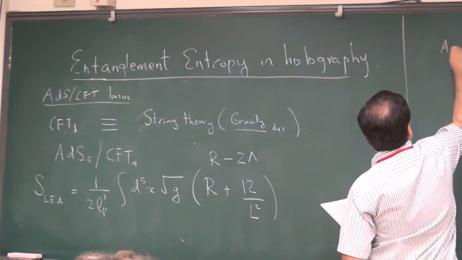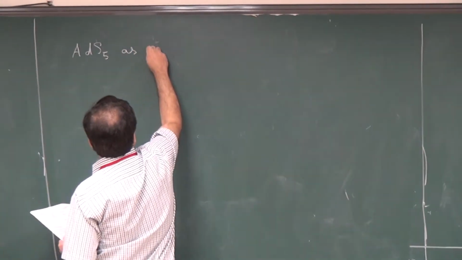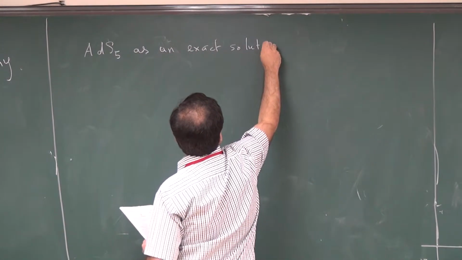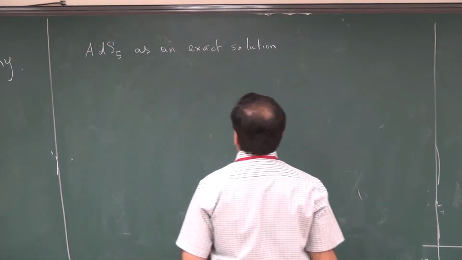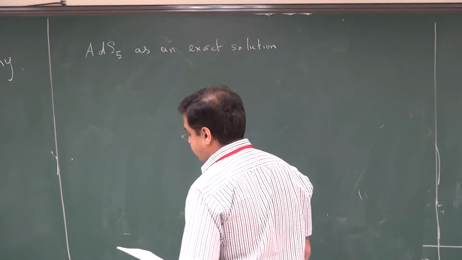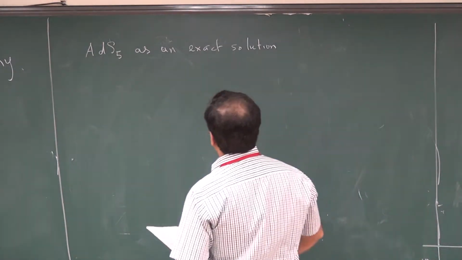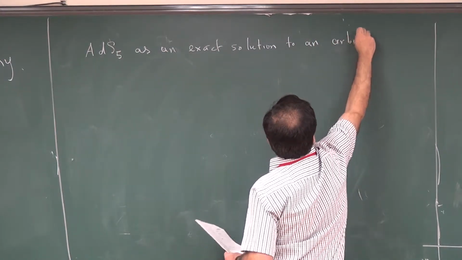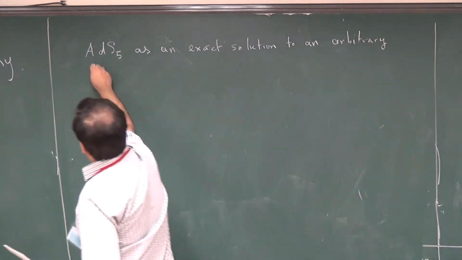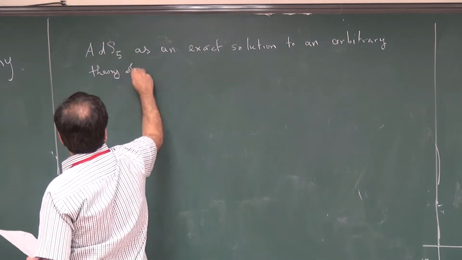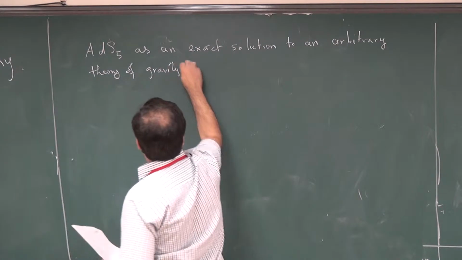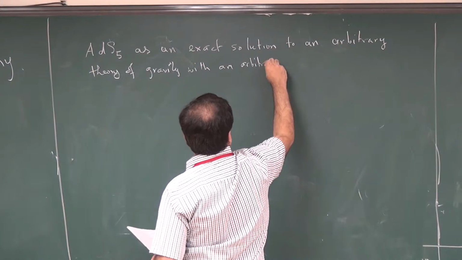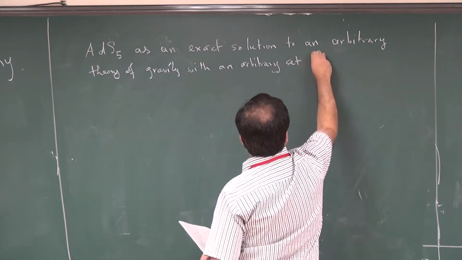So you get EDS5 as an exact solution to equations of motion, and it's an exact solution for an arbitrary theory of gravity with an arbitrary number of higher derivative corrections.